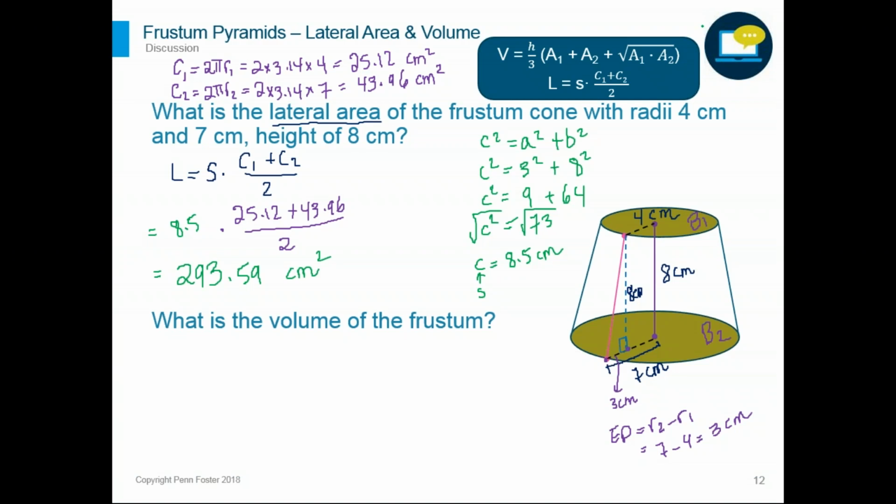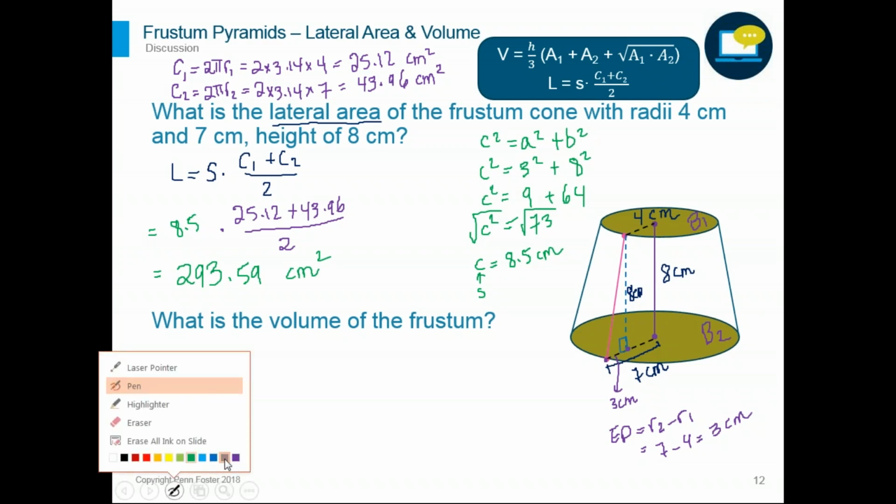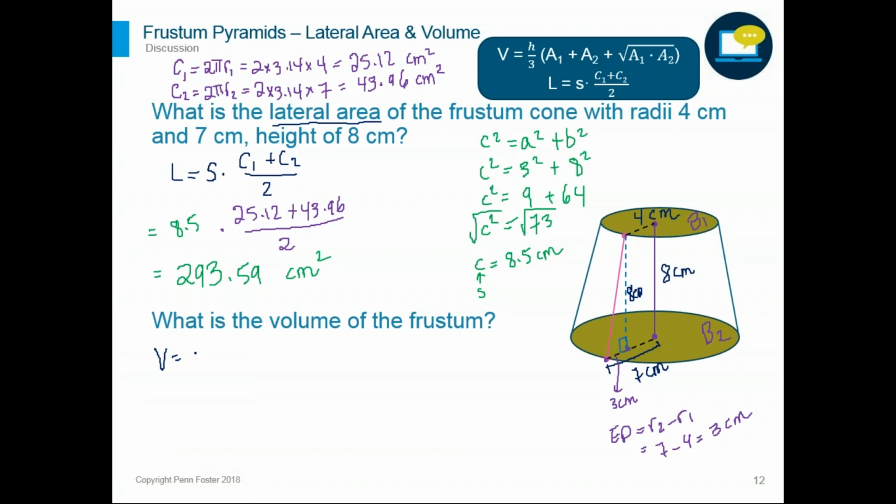Again, in this question we did use a variety of formulas, so do not limit your thinking or expectations to using only one formula. What's the volume of the same frustum cone? Again, the formula for a frustum cone says that the volume is a third of the height times the area of base 1 plus area of base 2 plus the square root of the product of area 1 and area 2.